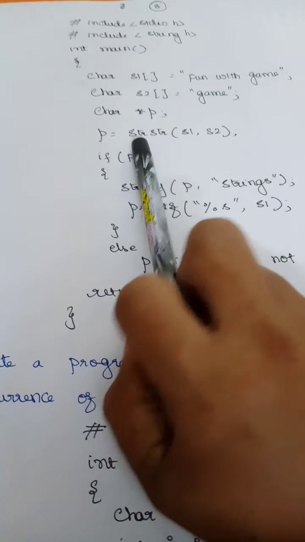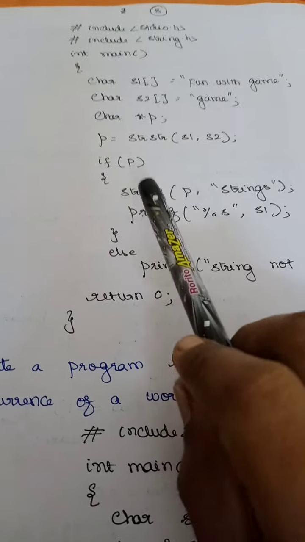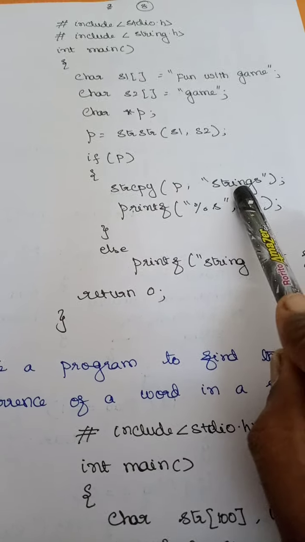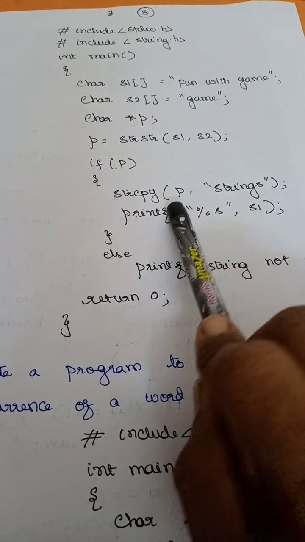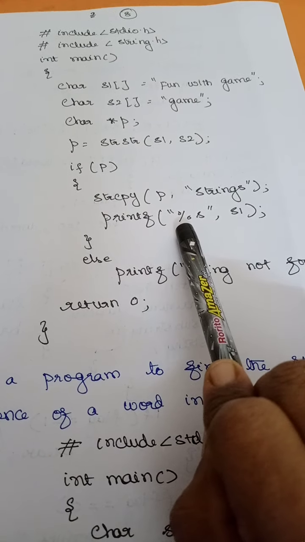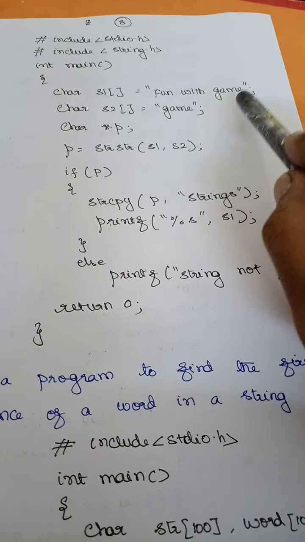So now I can replace this particular "game" with a new string. Using strcpy, in that particular location, I can write some more string. So this string will be copied to this particular location, right? When I print that new string now, you will have the message "fun with strings".